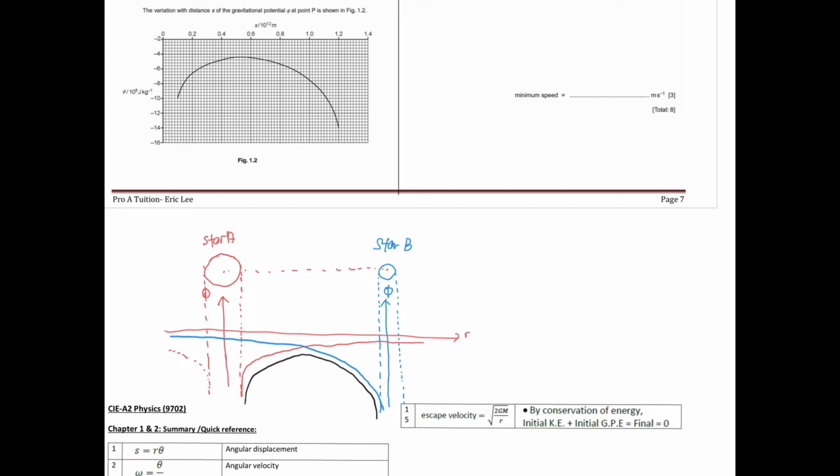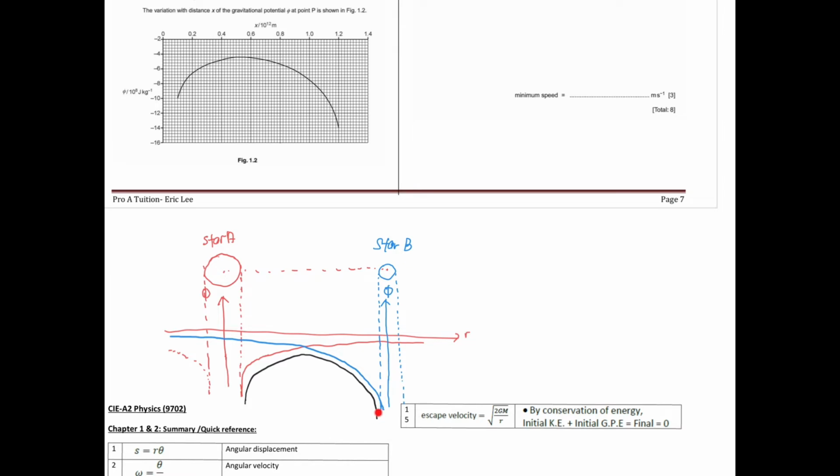It's not our main concern, we just want to understand a little bit why the graph looks like that. It is the overall effect of two stars that creates gravitational potential in between them. Let's say one more example: why is the graph here going down?